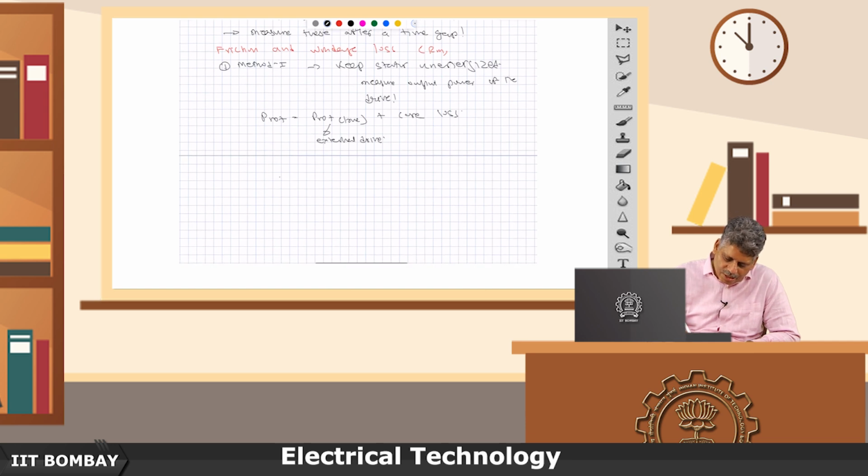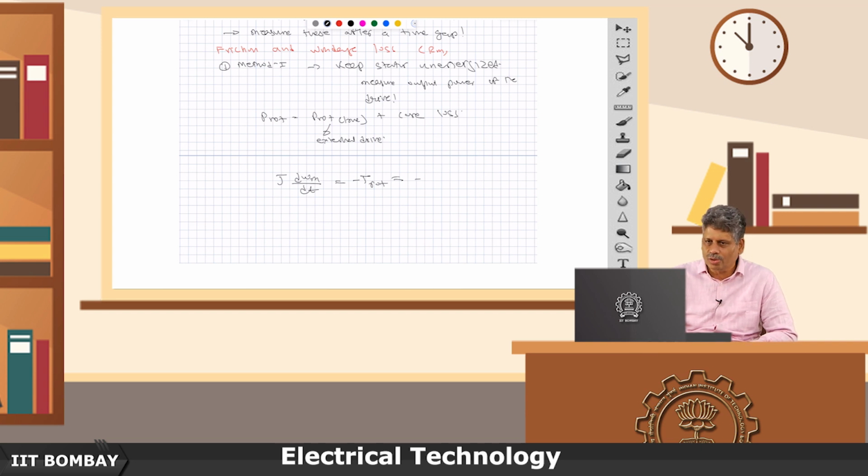Another way of estimating is, suppose you know the moment of inertia of the induction motor. Then what you can do is, the motor is operated at no load, bring it up to the rated speed, and then suddenly disconnect the supply. So, the supply is gone. What will happen? It will start decelerating, and the deceleration is due to friction and windage.